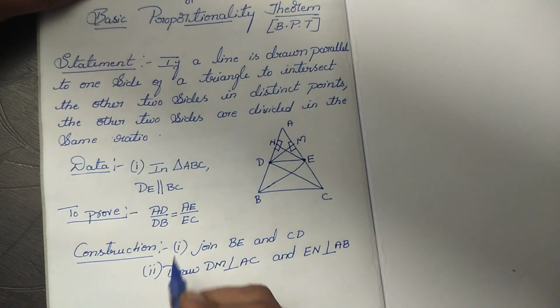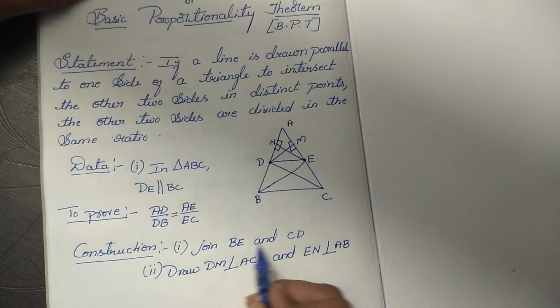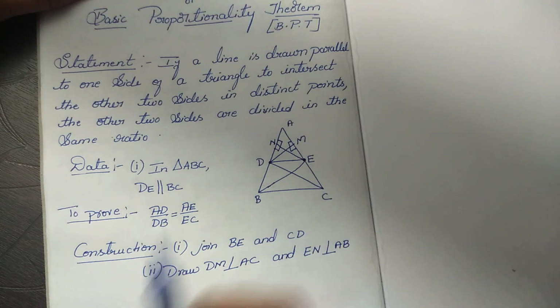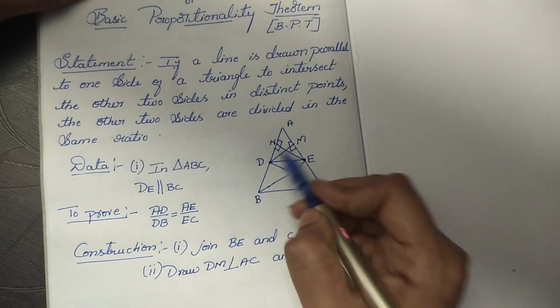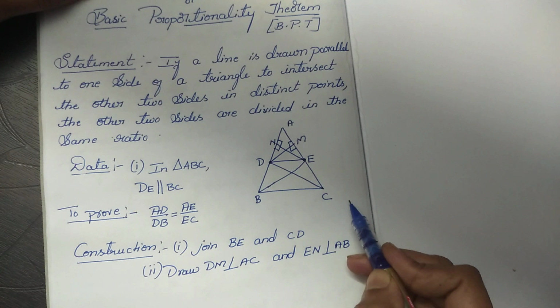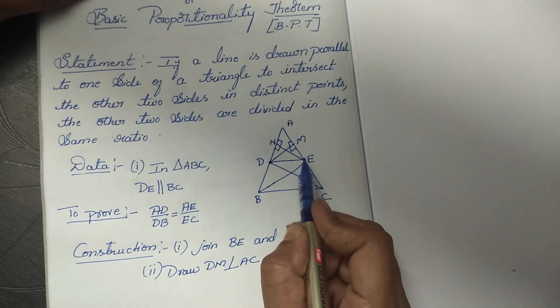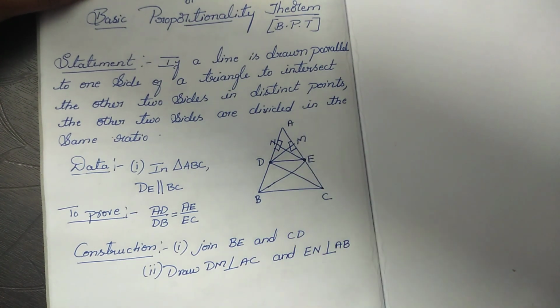So the construction goes: first point, join BE and CD. Second point, draw DM perpendicular to AC and draw EN perpendicular to AB.